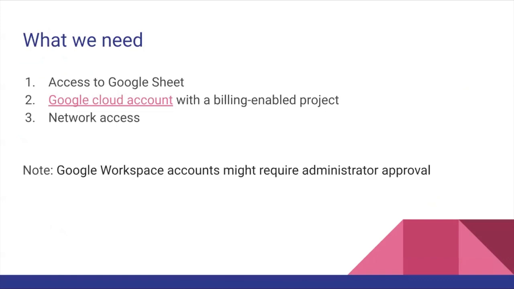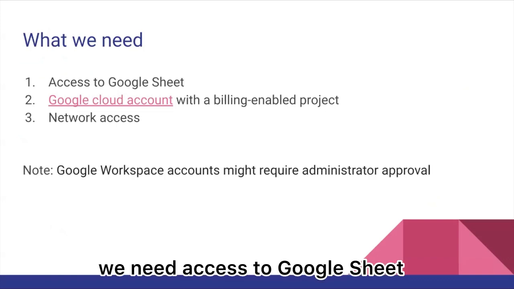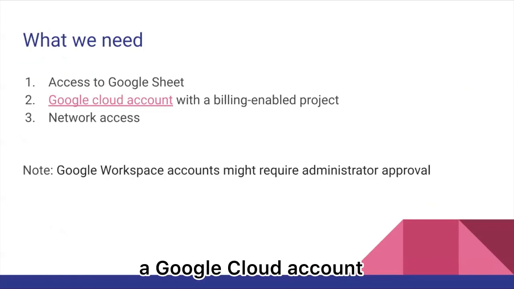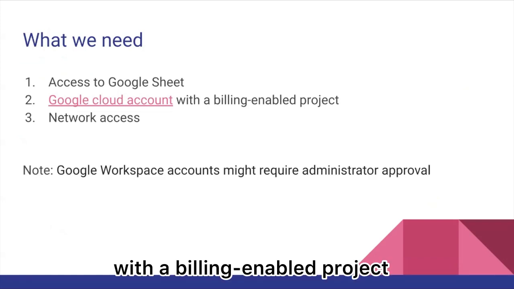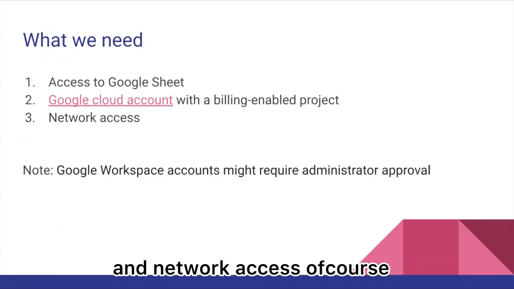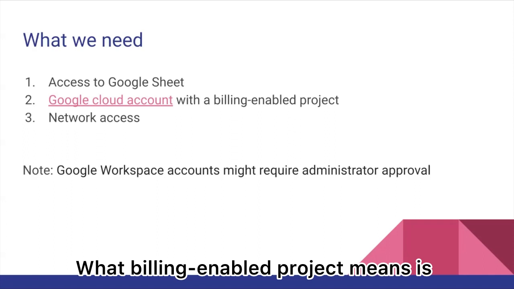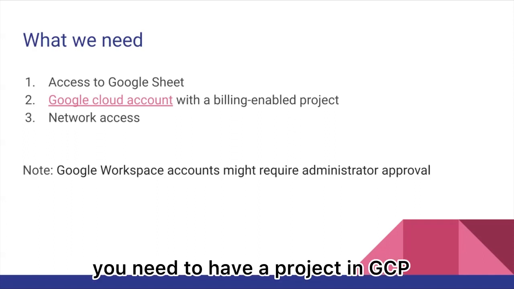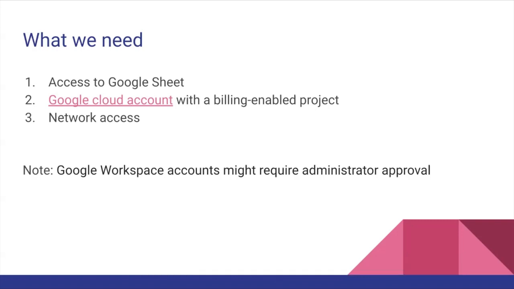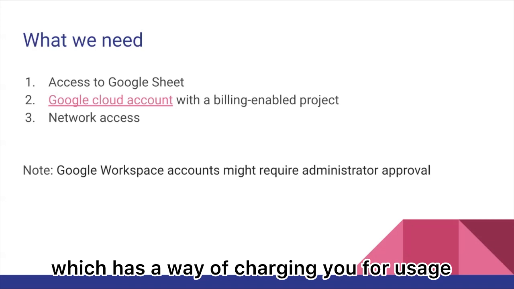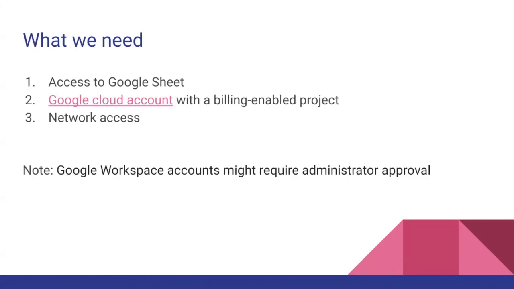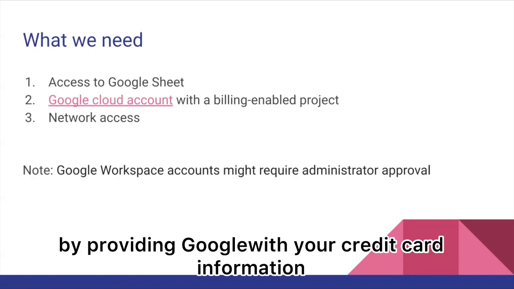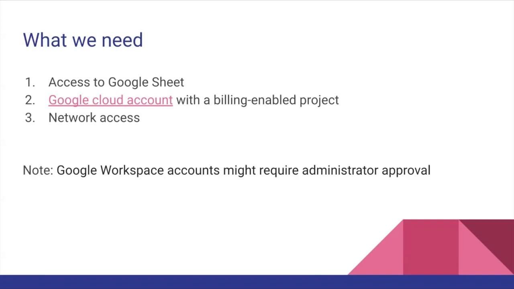Now, to get started, we need access to Google Sheets, a Google Cloud account with a billing-enabled project, and network access, of course. What a billing-enabled project means is you need to have a project in GCP, Google Cloud Platform, which has a way of charging you for usage, for example, by providing Google with your credit card information.